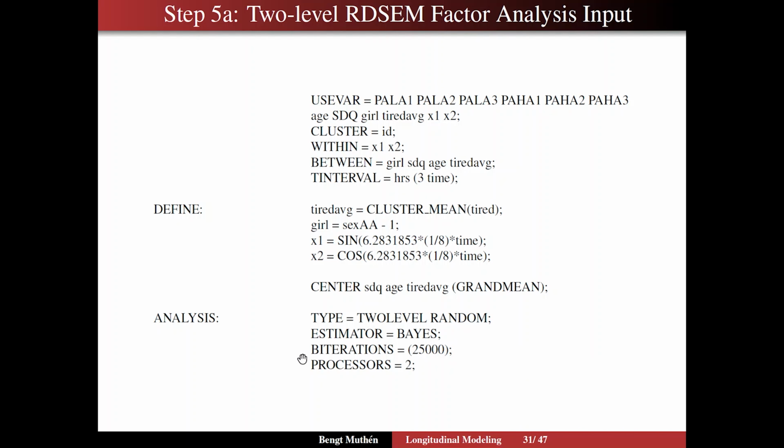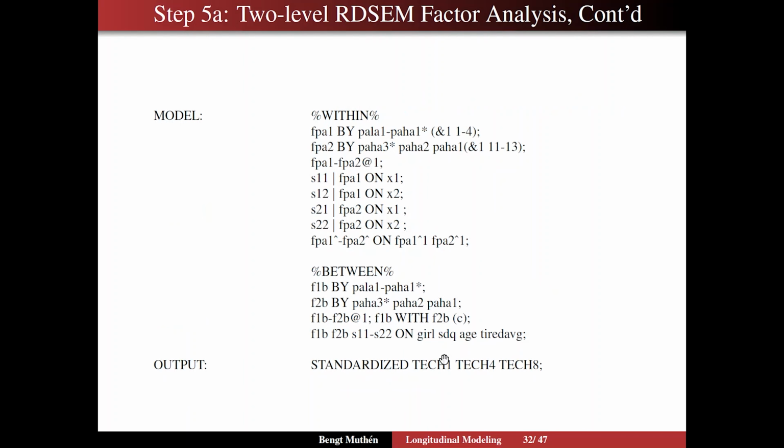Estimator base, and now we increase the B iterations to do at least 25,000 iterations because these factor models are more complex in terms of the analysis. Turning then to slide 32, we see the factor specification.